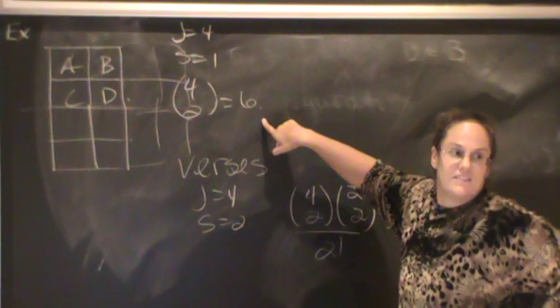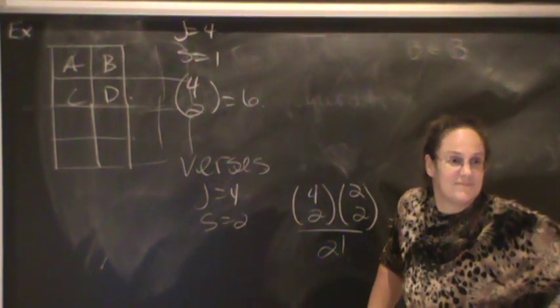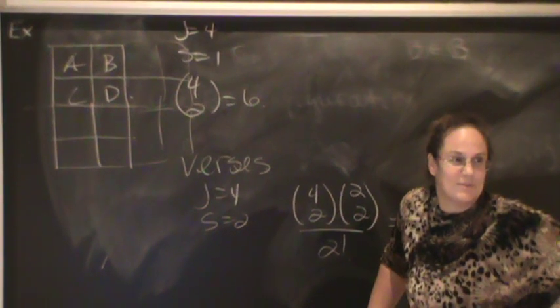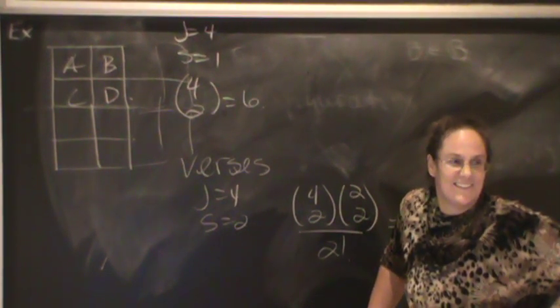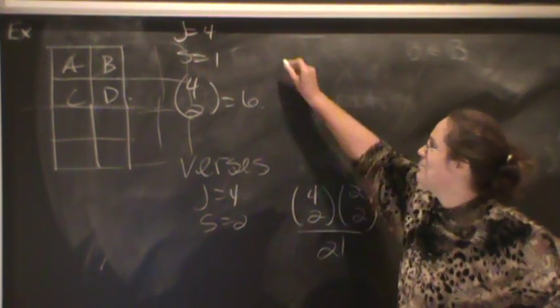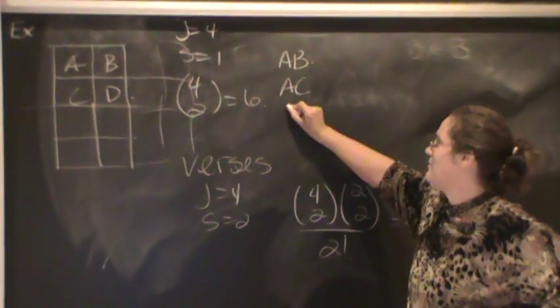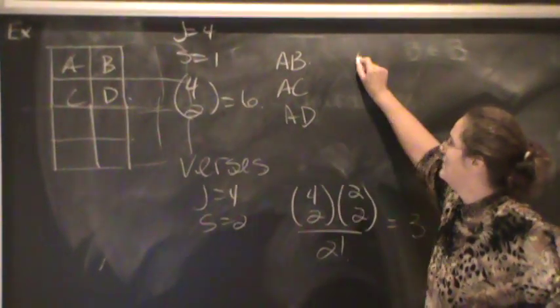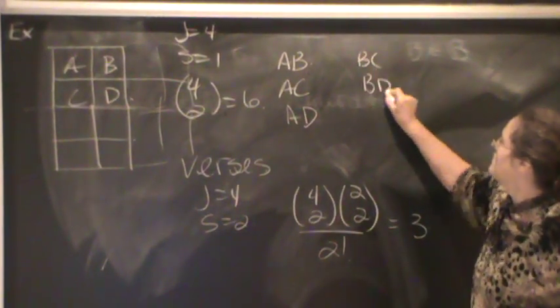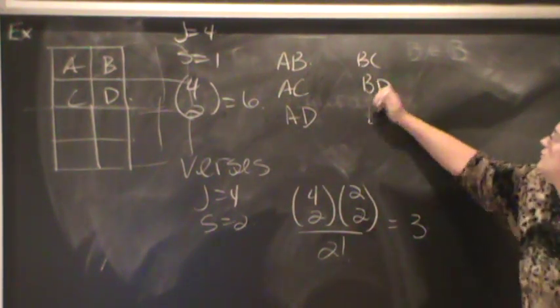The answer is 6 because, well, can you tell me what they are? It's not supposed to be too hard. Yeah, AB. AC, yep, of course. Yep. C. Thank you. Yes, of course.